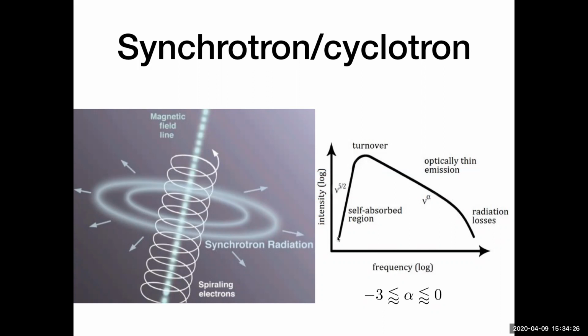And for reasons that I've not entirely understood myself, the optically thick regime for synchrotron follows a power law of 5/2, 2.5, as opposed to frequency squared, like optically thick free-free or thermal radiation. So you end up with a slightly steeper low frequency regime for synchrotron, and a fairly large optically thin power law regime where the spectral index is almost always negative, ranging somewhere between -3 and 0.